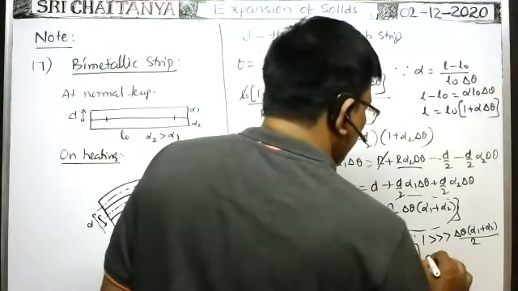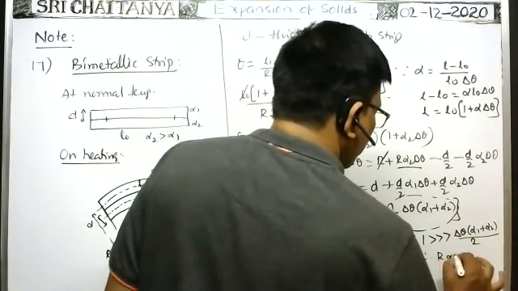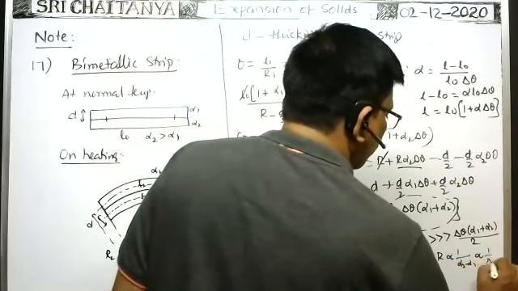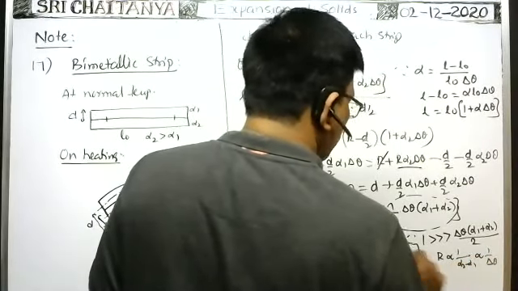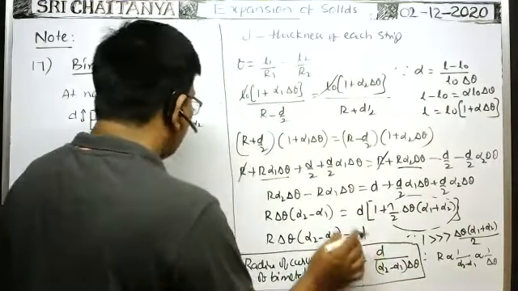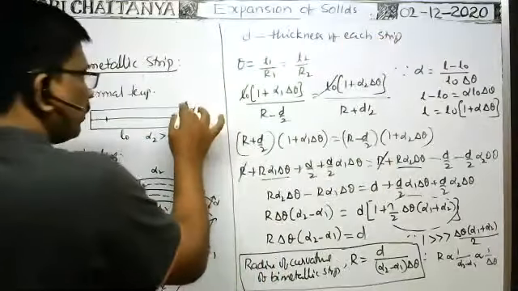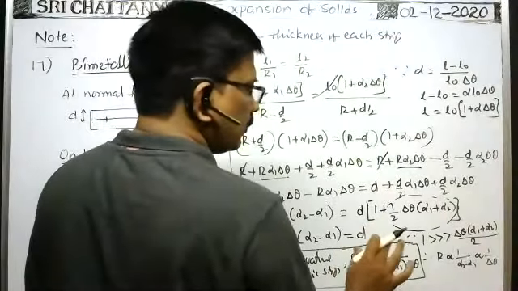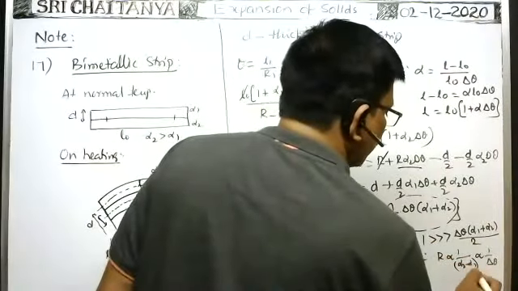From this, r is inversely proportional to alpha 2 minus alpha 1, inversely proportional to delta theta, and proportional to thickness d. D is the thickness of each strip, whereas the thickness of the bimetallic strip is 2d. That is important. So this is the relation. No doubt, very, very important one.